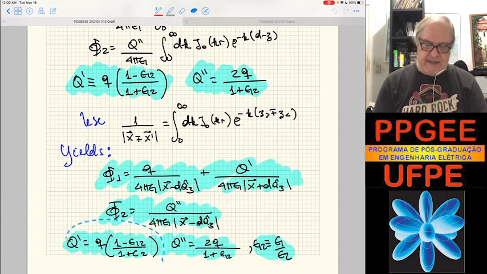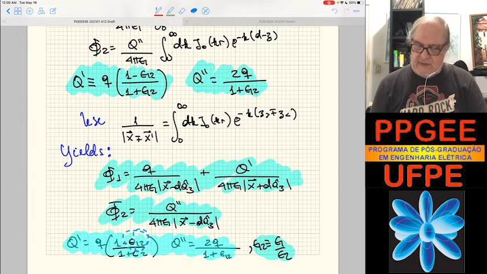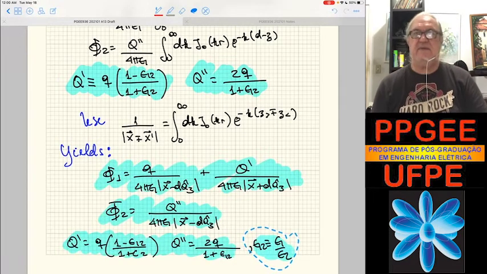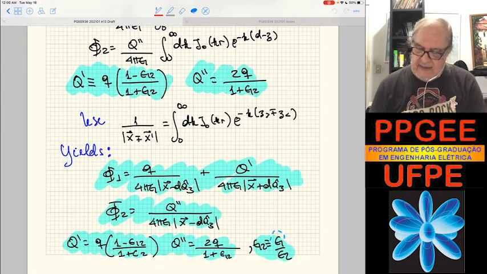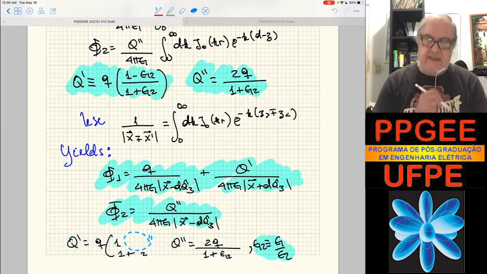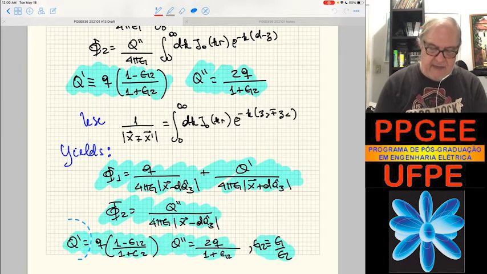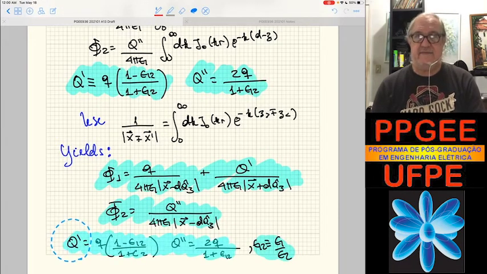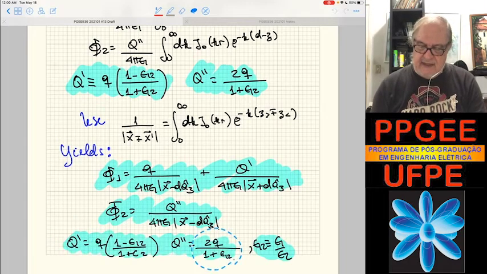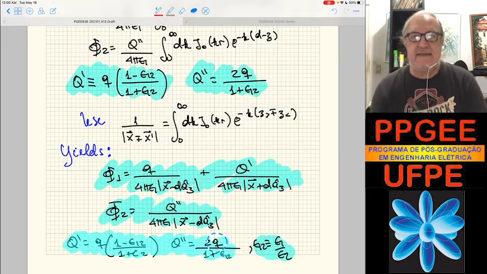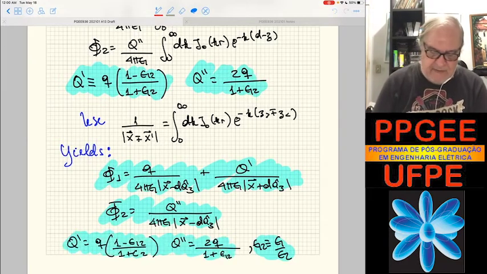These are the charges. Those are given in terms of this parameter epsilon 1, 2, which is the ratio epsilon 1 over epsilon 2. And you notice that if epsilon 1 is larger than epsilon 2, this number is larger than 1, and then q prime becomes negative. I mean, q2 prime always has the same sign as q.